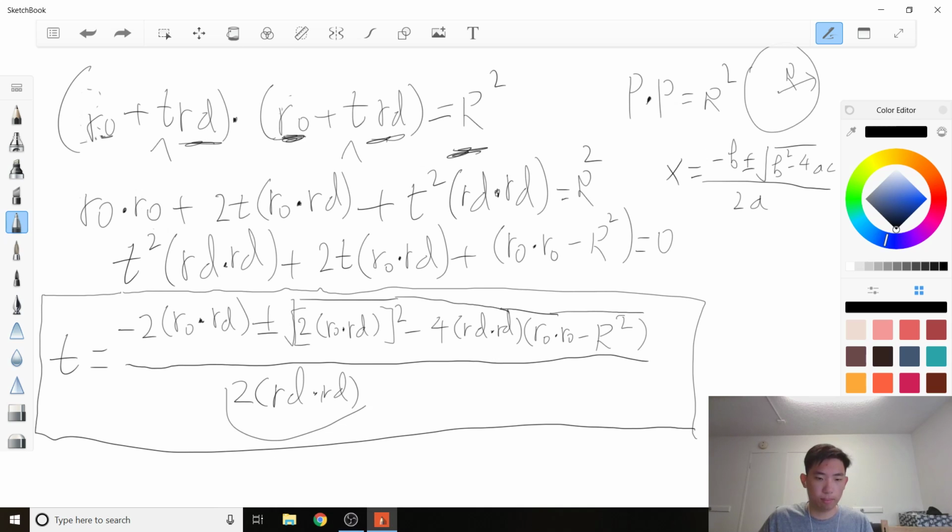And again, unlike the plane intersection test, it is impossible for the sphere intersection equation to have a 0 denominator, because it's literally the ray direction dot with the ray direction, which is always going to result to 1. So the denominator is constantly 2.